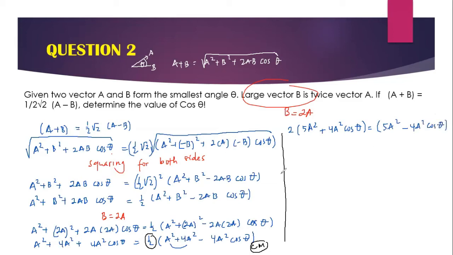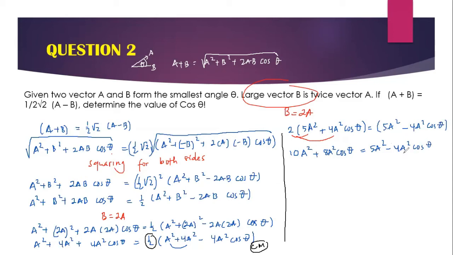Clear, everyone? Next, you can expand this one. You'll find how many here? 10a square plus 8a square cosine theta equal 5a square minus 4a square cosine theta, right?